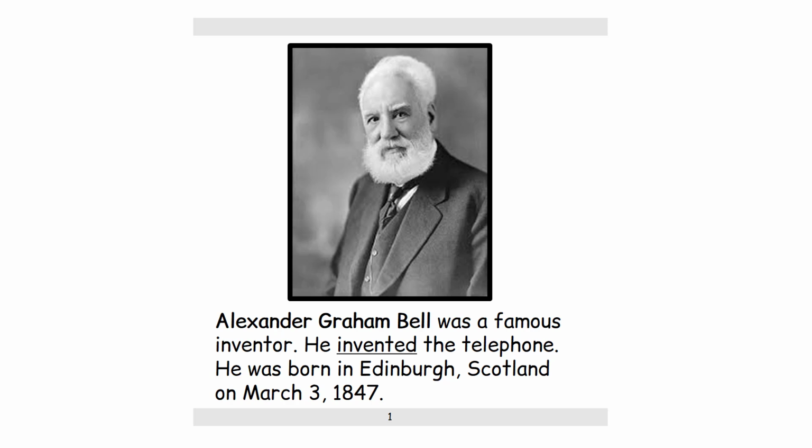I'm going to jump right in and have you look at the first page of the book before we look at the lesson plan. As you can see, there is a picture of Alexander Graham Bell. As you look at the text, you will also see that his name is in bold. That means it is a main idea for this page.